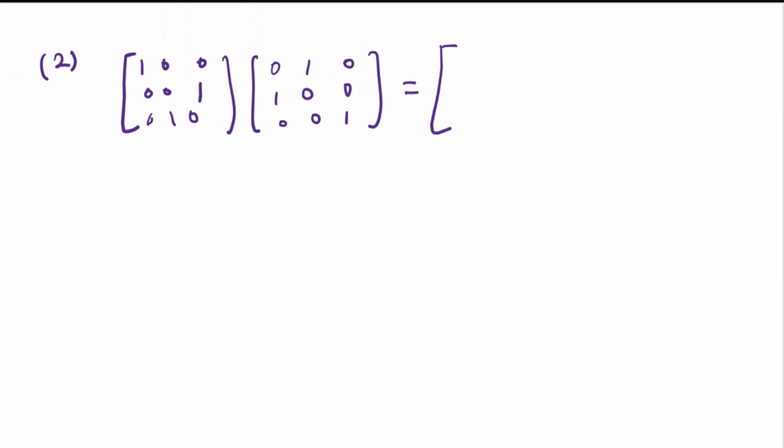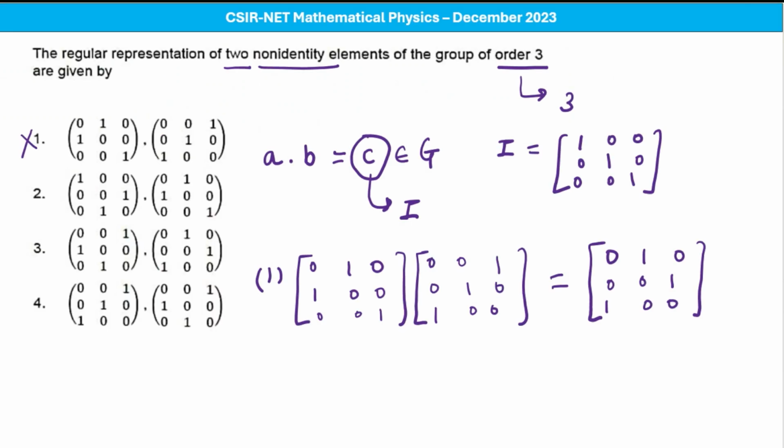It gives us 0 1 0, 0 0 1 and 1 0 0. So it is also not an identity element. So this is also not the answer.